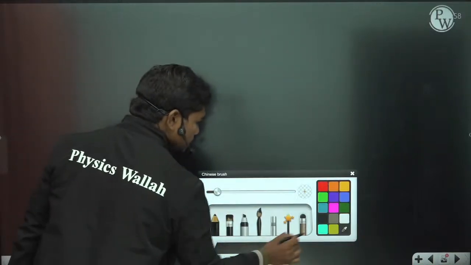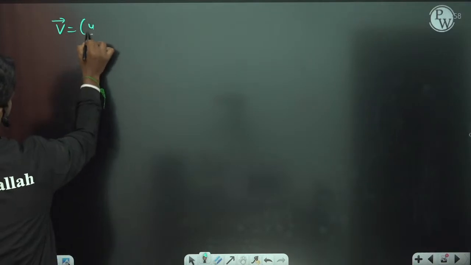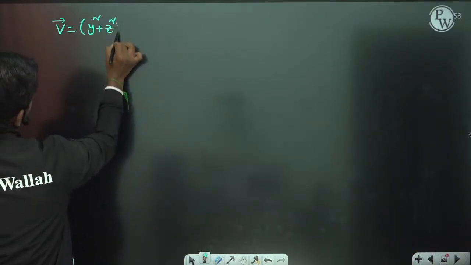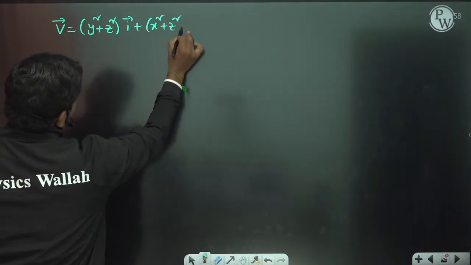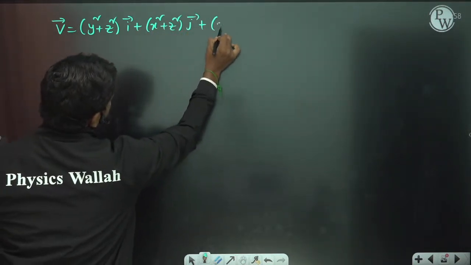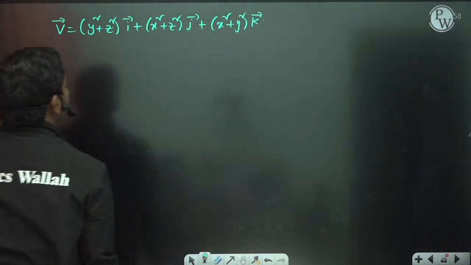So let us write the velocity vector. V bar is equal to (y square plus z square) times I bar, plus (x square plus z square) times J bar, plus (x square plus y square) times K bar. This is the velocity vector.